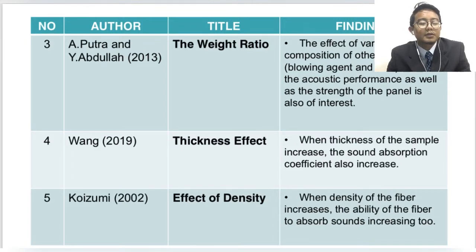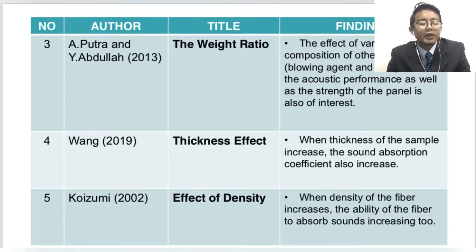Next, the author is Azma Putra and Y. Abdullah in 2013. The finding is about the weight ratio, where the effect of varying the composition of other additives, blowing agent and filler on the acoustic performance as well as the strength of the panel is also of interest.